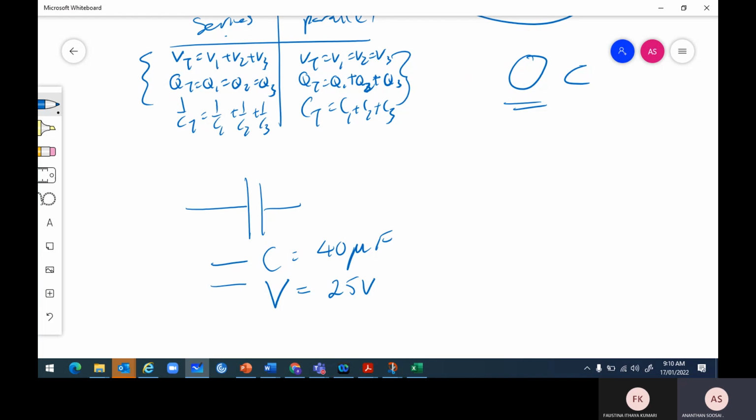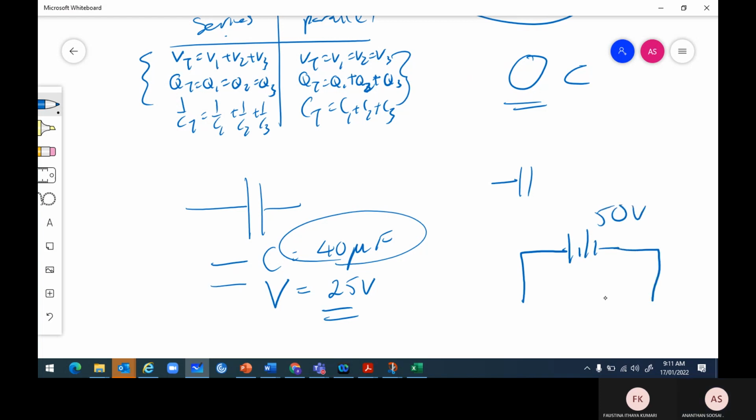In the exam, they will give you a few capacitors. Let's say you have 10 capacitors of 40 microfarad. They want to use those capacitors, but the power supply is 50 volt.